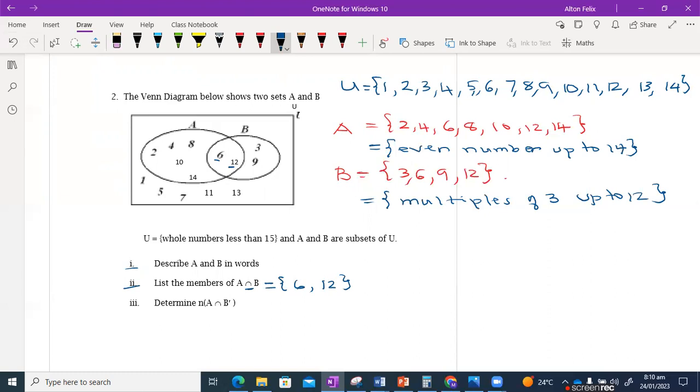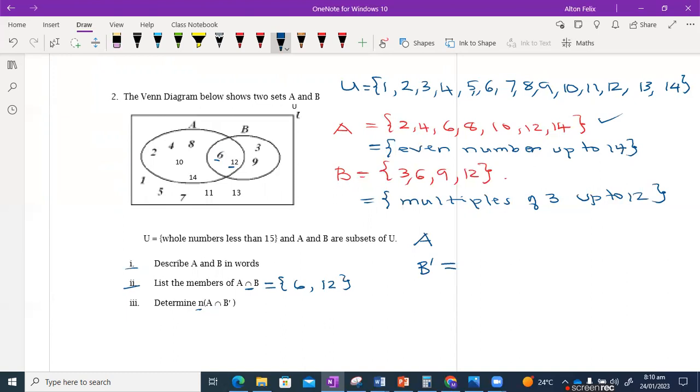Now, when you see an n in front of your brackets, that means the number of members in that set. A intersect B complement. So we'll need to figure out what is the set A intersecting the set B complement. And we already have the A written out here. That's our A. And let's write B complement.